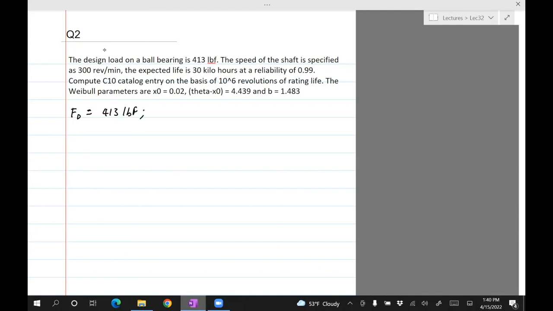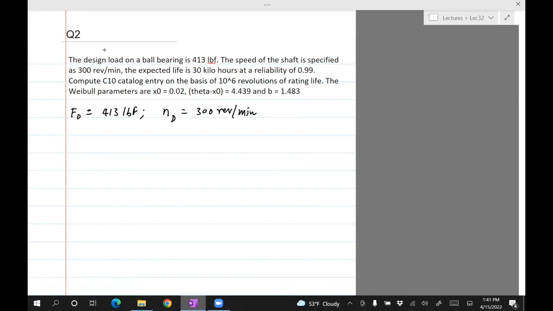The speed of the shaft is 300 revolutions per minute. So now, since this is revs per minute, this should be n, 300 revs per minute, and this is desired. So let me just put nd here.